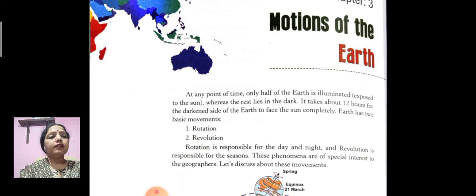It means the earth has two basic movements, rotation and revolution. Rotation is responsible for day and night, and revolution is responsible for the seasons. These phenomena are of special interest to geographers. Let's discuss these movements.